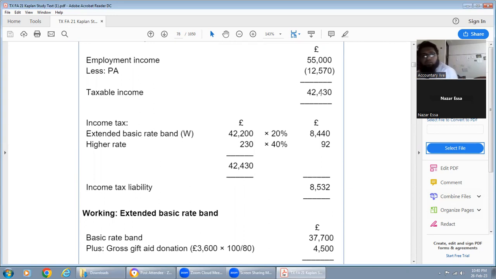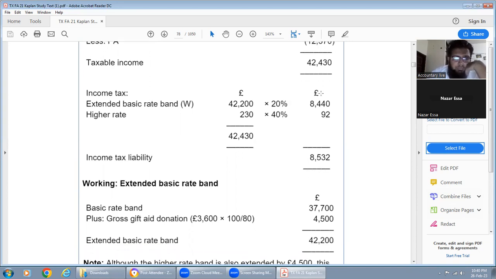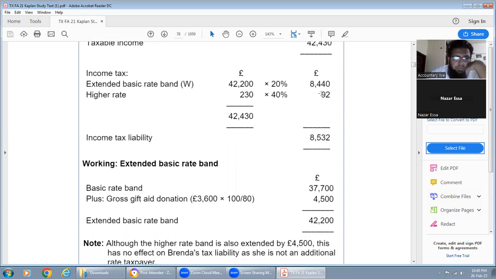Then we have the extended basic rate band. We have a basic rate band of 37,700. So the gross Gift Aid donation is 3,600 multiplied by 100 divided by 80, that is 4,500.